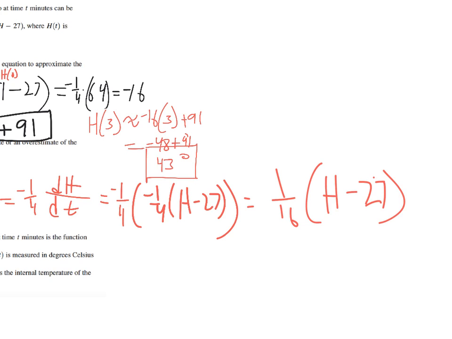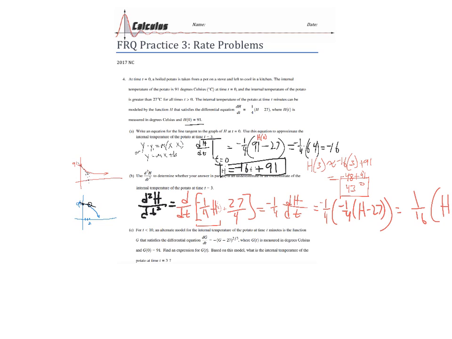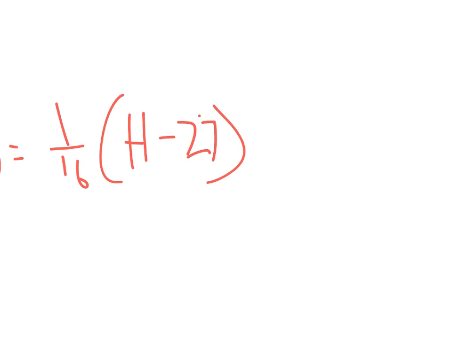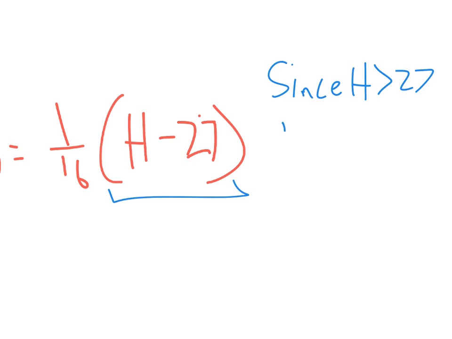Now, we were told in the problem that h is always greater than 27. All right, so that's told to us up here. It's always greater than 27, not greater than or equal to, it's just greater than 27. Okay, so since h is greater than 27, that's given to us in the problem, this is going to be positive, right?